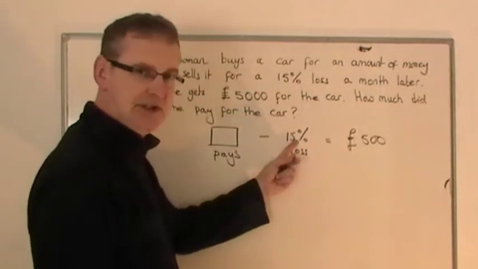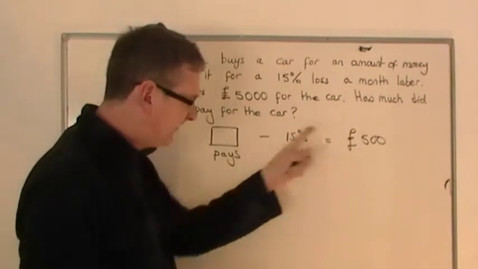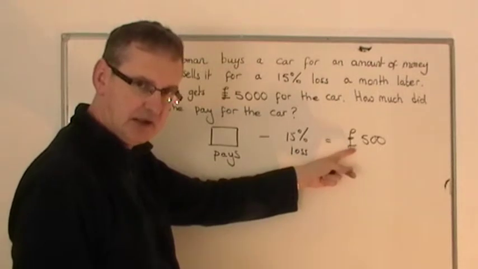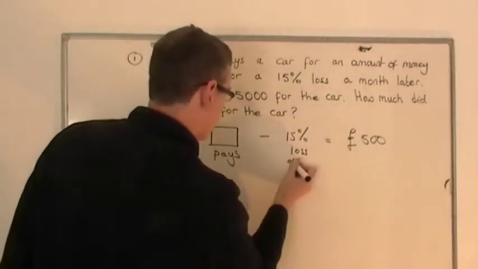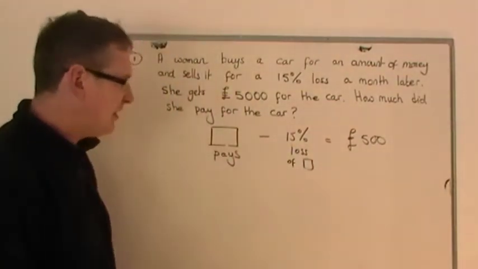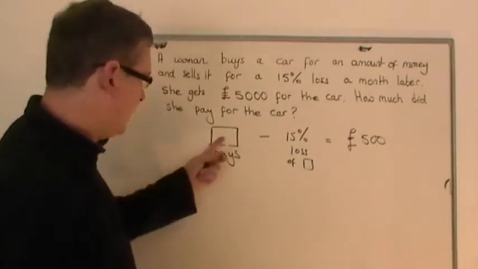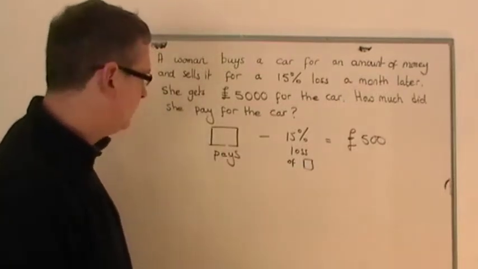So the 15% is 15% of what she paid for it in the first place, not 15% of £5,000, which is what she receives at the end of the transaction. So a 15% loss of this amount of money. That's the structure of the question. So what you've got to do is work out how much she paid for it in the first place. That's the thing we're going to work out.